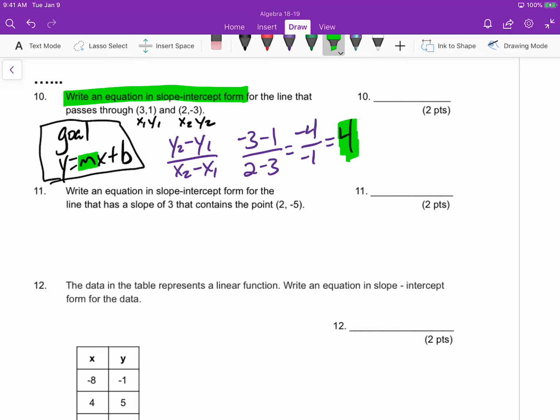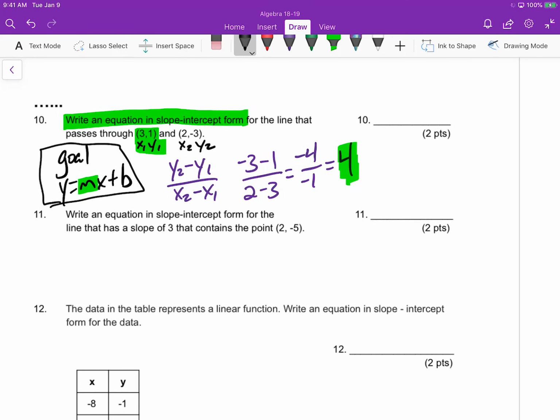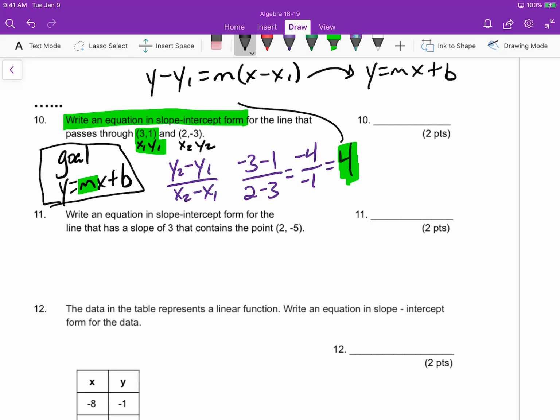But what they did give me, oh, I do have my x1, y1. Luckily, what we're going to do on almost all these problems is use our point slope form and change it into our y equals mx plus b form. Okay? Now I know the slope, and I have x1, y1 to plug in there.